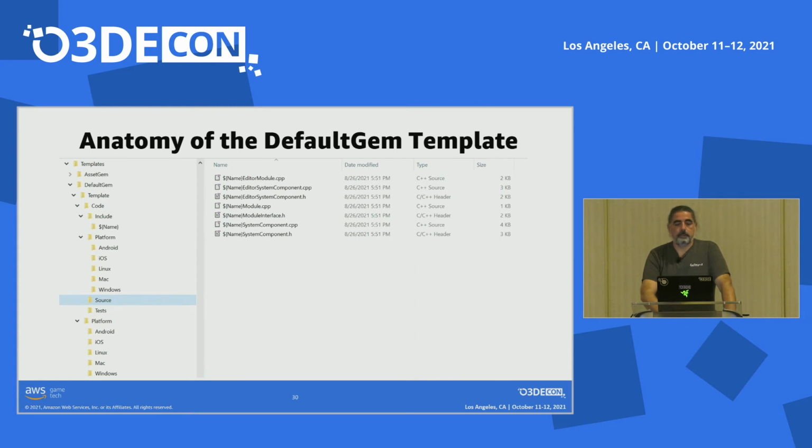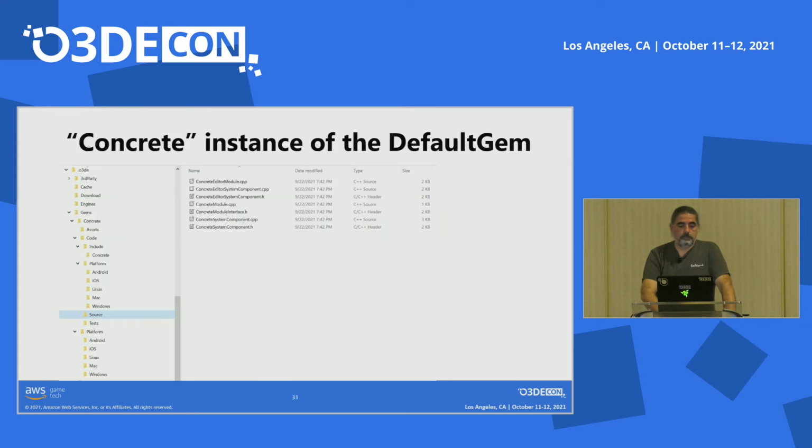So there's $name editor module. So a concrete instance of that gem, when I create the gem, I call it concrete. And then you can notice here that that source folder now has files in it called concrete editor module and concrete editor system component, and so on.